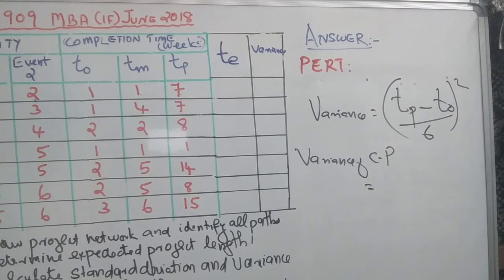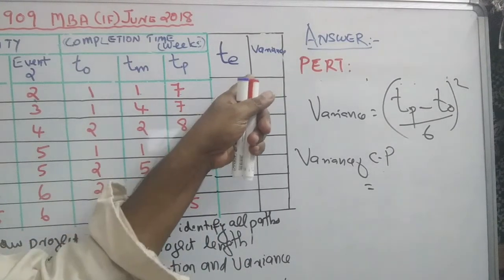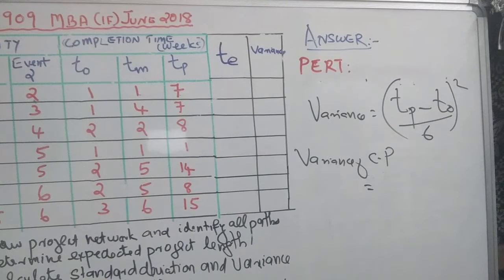So at the first step, we are calculating the expected time and variance for each activity.